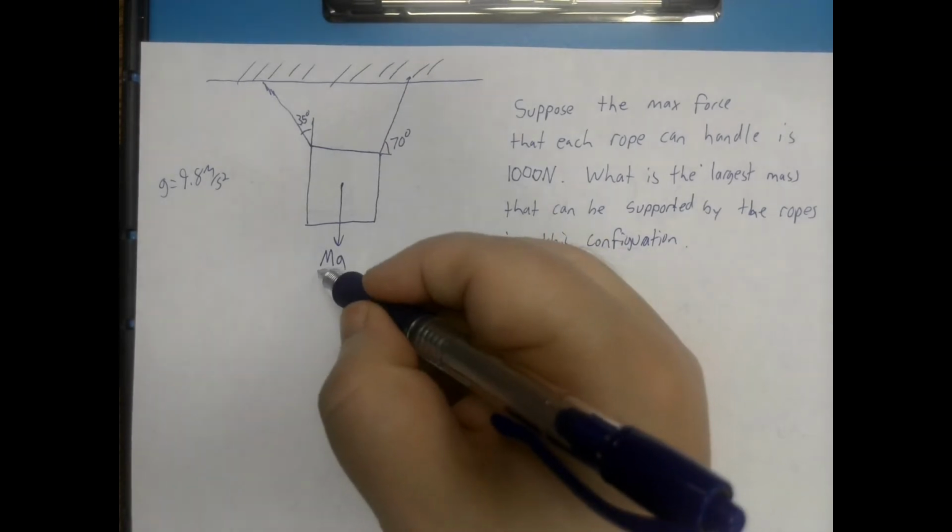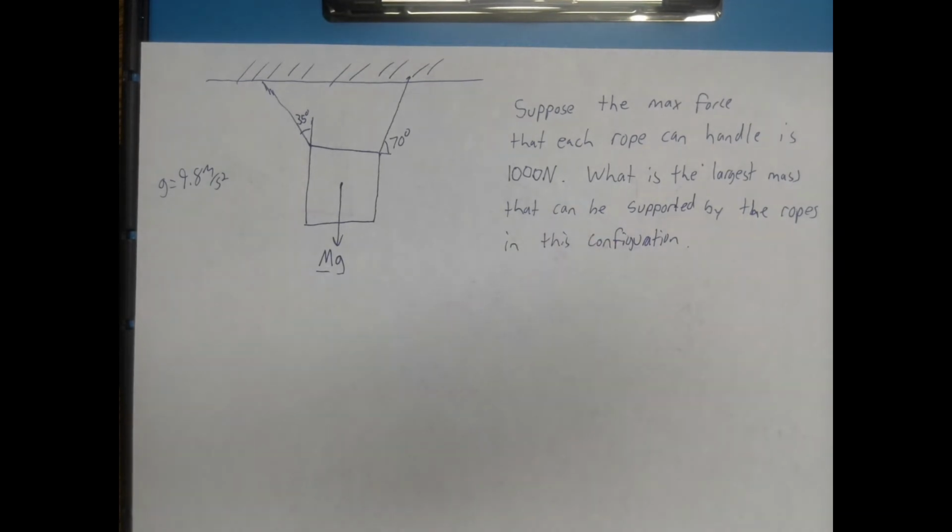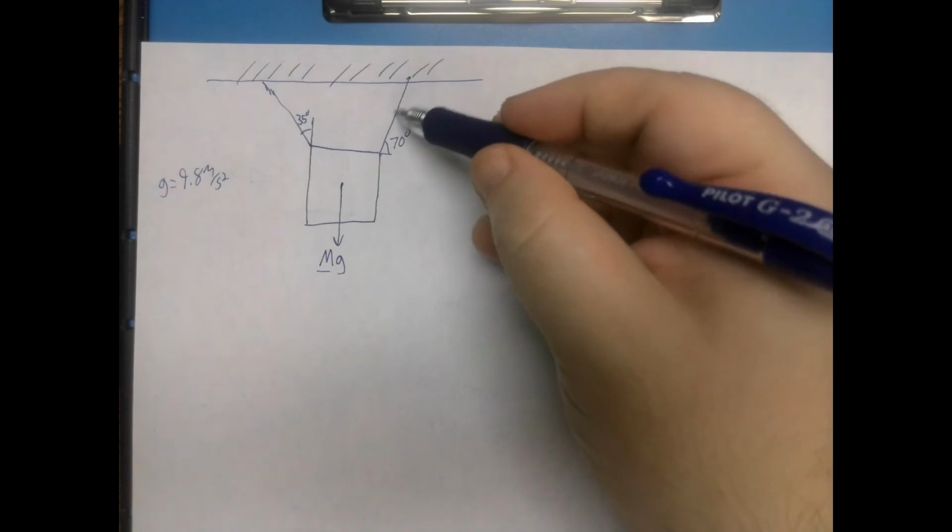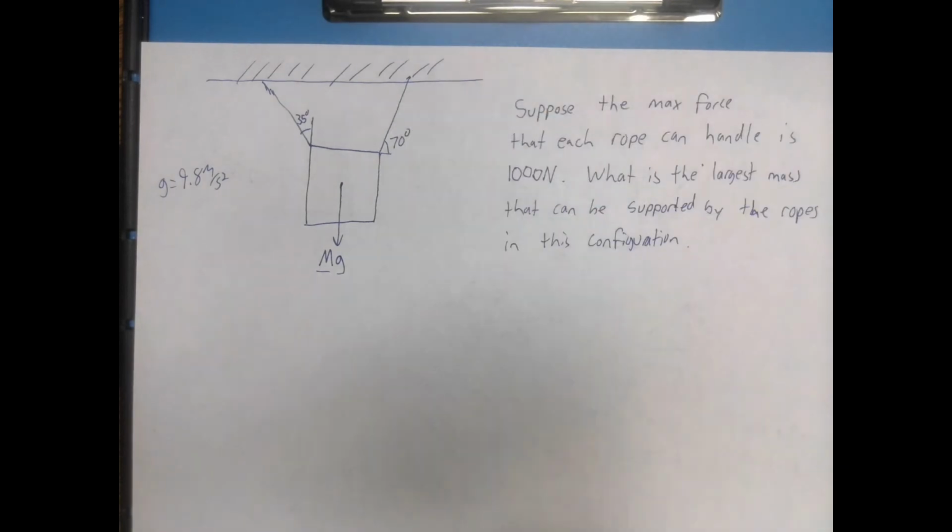So we're solving for m. How would you think we'd solve this? Well, that's what we have to find. It's math. So what's something we should know about this problem? Well, that the rope breaks if it's greater than 1,000.